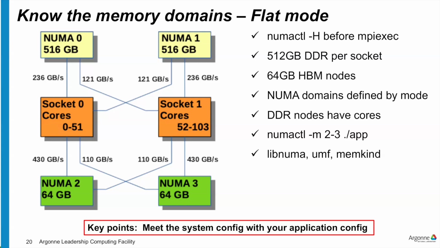So about 240 gigabytes a second is what you can see from DDR, and about 430 gigabytes a second when you access the HBM memory. There is a limitation when you access the memory domains through UPI from socket 0 to socket 1, and you can probably measure 110 gigabytes a second from HBM and 120 gigabytes a second from DDR, as mentioned here.